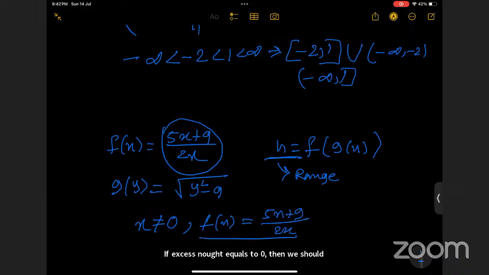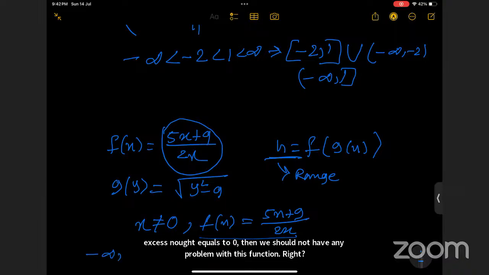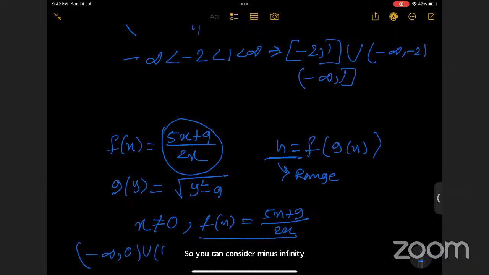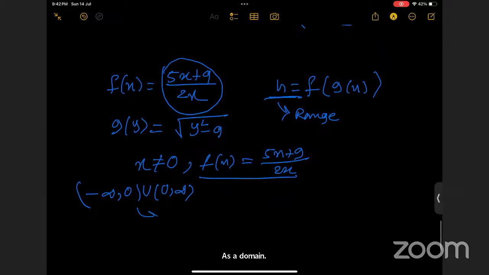So we can consider minus infinity to 0 union 0 to infinity as the domain of f.